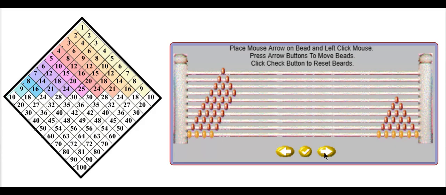Push out this rectangle, and we can see now that we have a rectangle of 4 times 6, which is 24, and the sum of the digits equals 10, and the bottom bead is above the 10th rod.